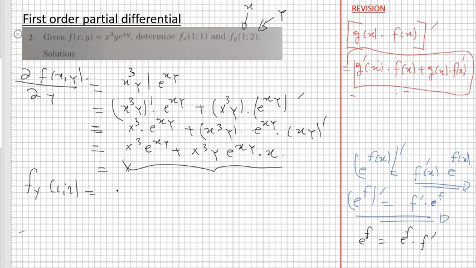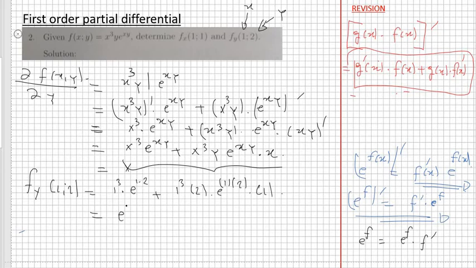So the value of x is 1, so you have 1 to the power of 3 multiplied by e to the power of, the value of x is 1 and y is equal to 2, so we have 1 multiplied by 2, plus 1 to the power of 3 times y, which is 2, multiplied by e to the power of x, which is 1, multiplied by y, which is 2, and then we multiply it by x, which is 1. Then all you need to do is just compute this part.